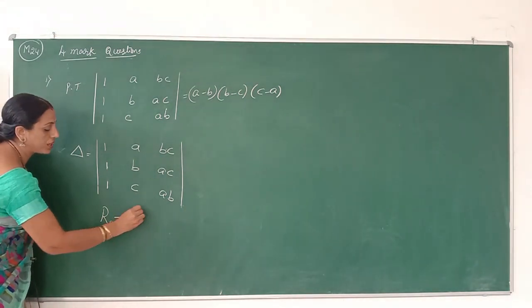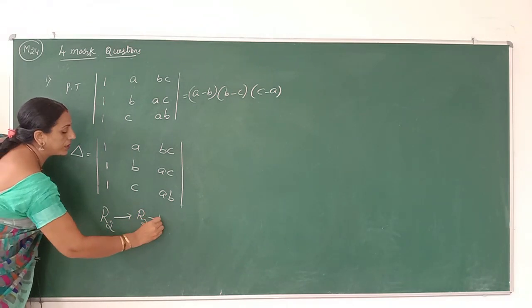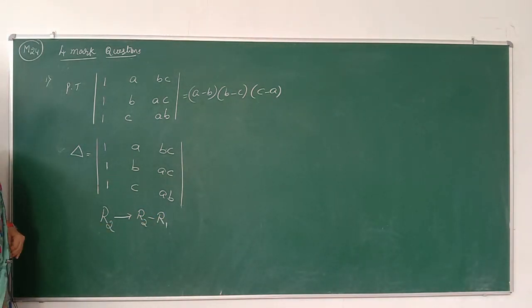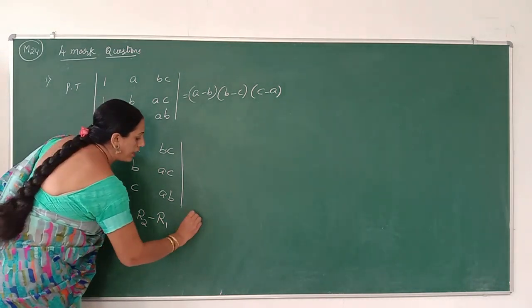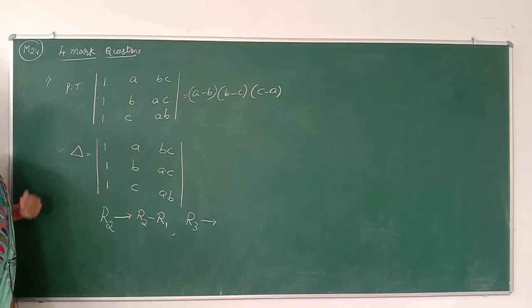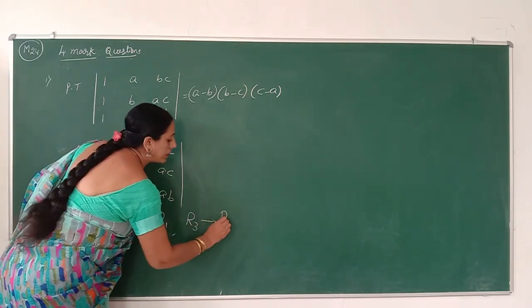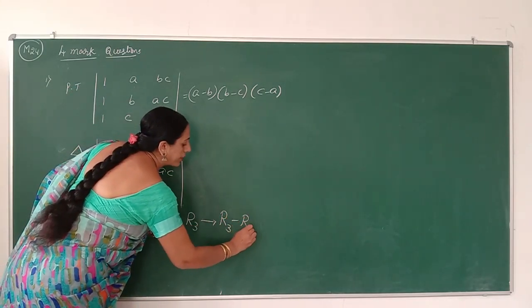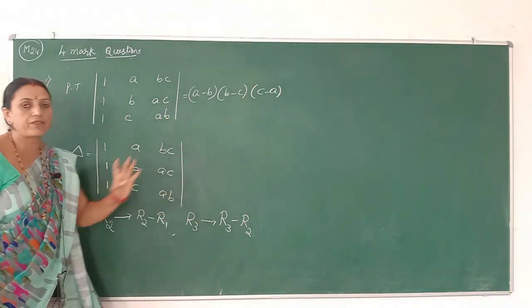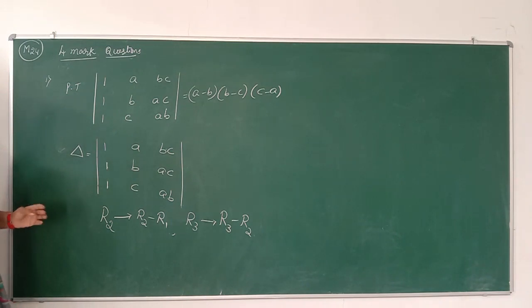R2 can be changed to R2 minus R1. Similarly, R3 can be changed to either R3 minus R1, or R3 minus R2. So R3 can depend on any one of them, either R1 or R2.